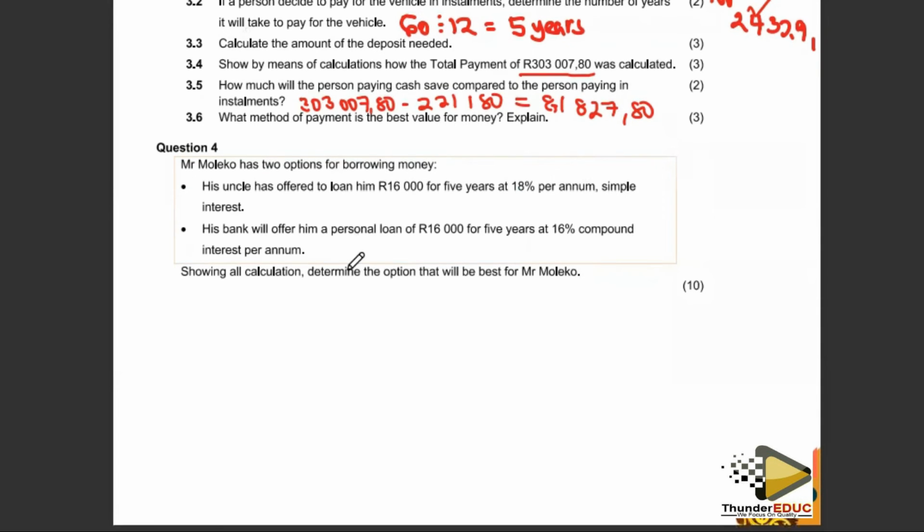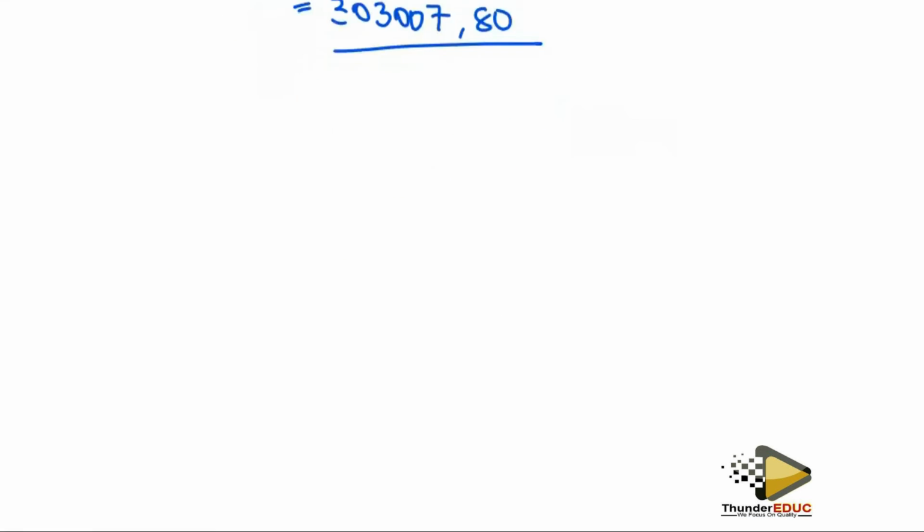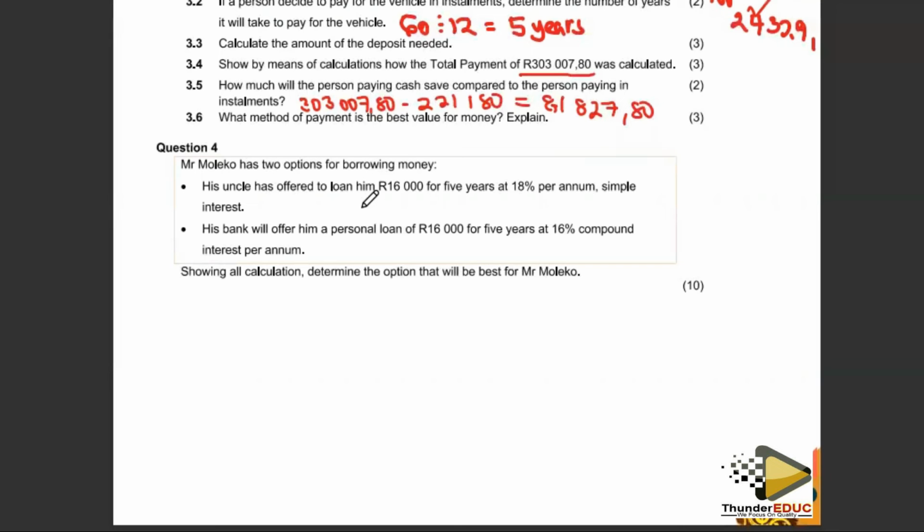This question, because it looks to be big, it's 10 marks, we shall have to use the whiteboard straight away. All right, this is our whiteboard. Let's read the question before we start tackling it. It says, Mr. Moleko has two options for borrowing money.